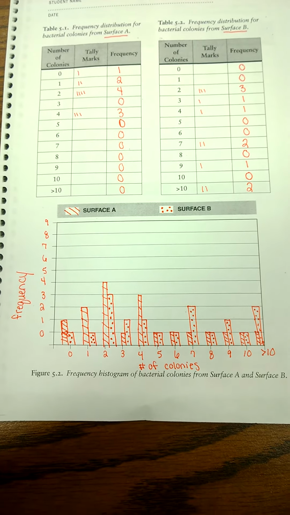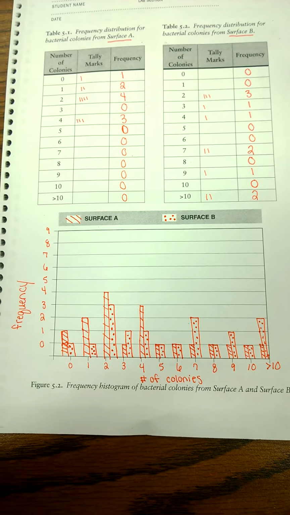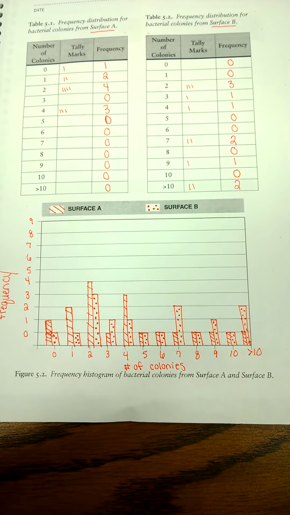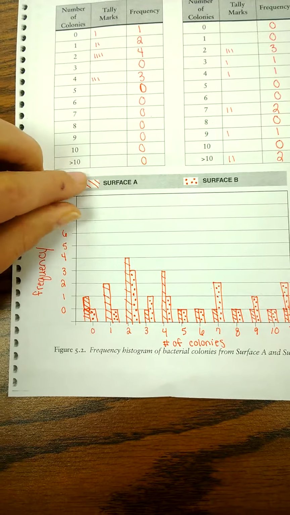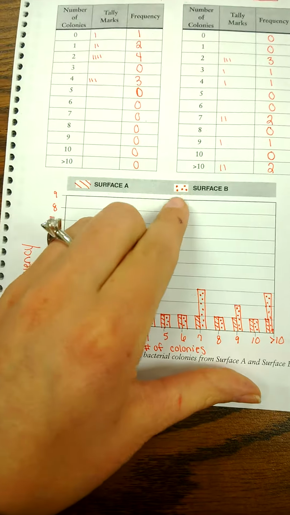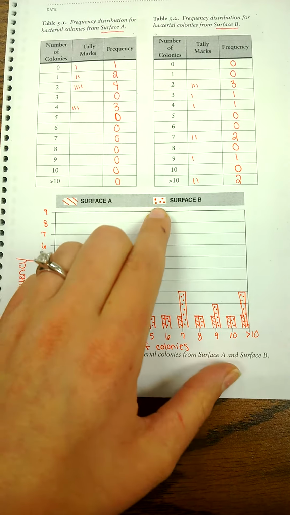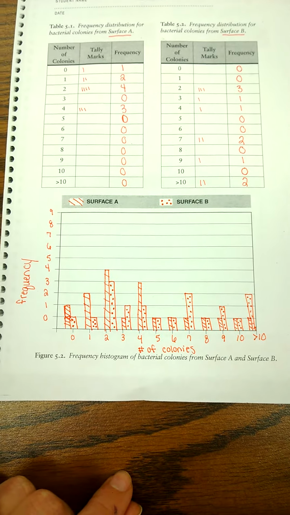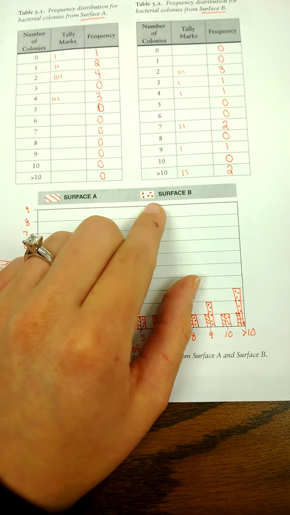For example, if I am graphing surface A and surface B, I need to distinguish what I'm going to call surface A and what I'm going to call surface B. For my graph, I called surface A as having diagonal lines, and then I called surface B as having dots in the graph. You will first need to label what you're going to call surface A and what you're going to call surface B.